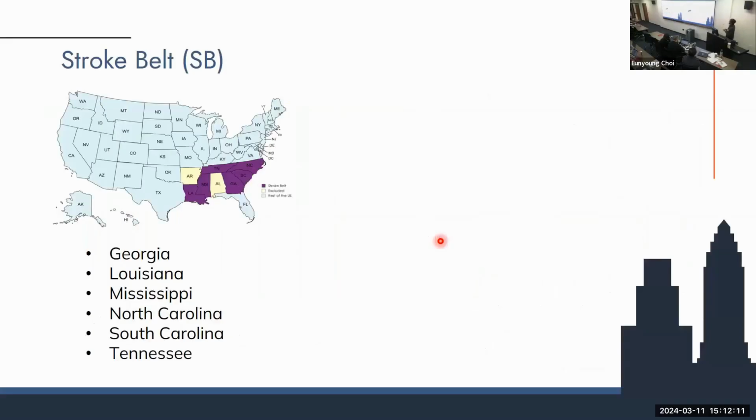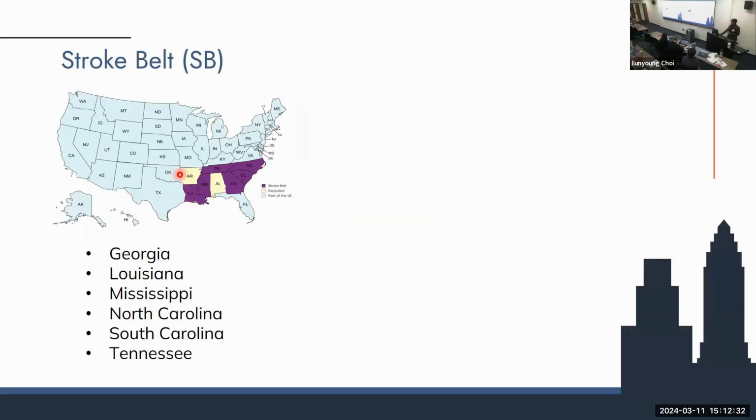Besides looking at geographical regions, we wanted to see if there is any specific zone in the United States that is defined based on health outcome. One such zone is the Stroke Belt. It's basically states from the south that are shown to have a higher incidence of stroke and other related morbidities.